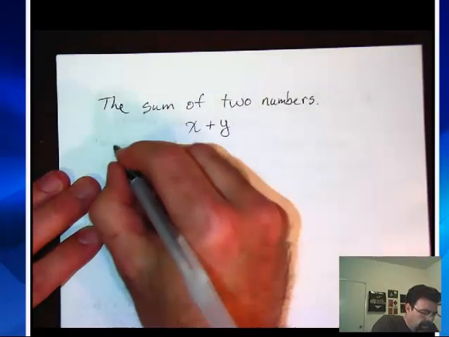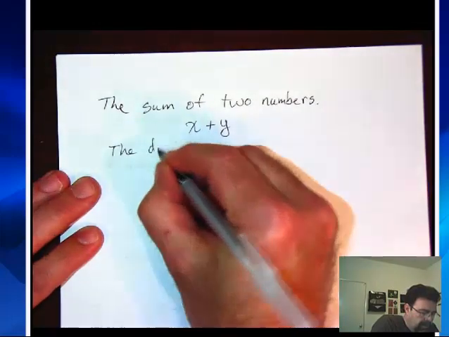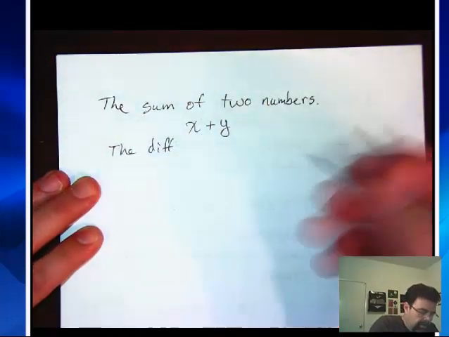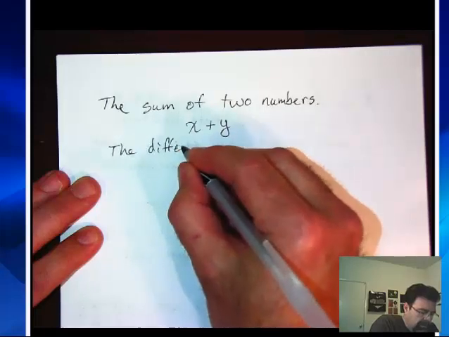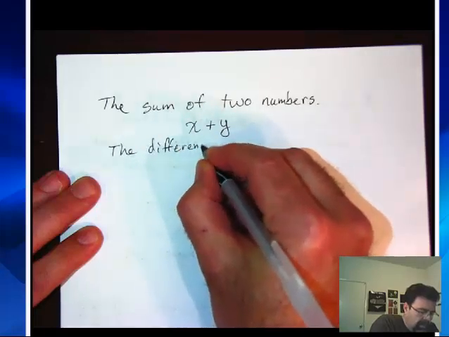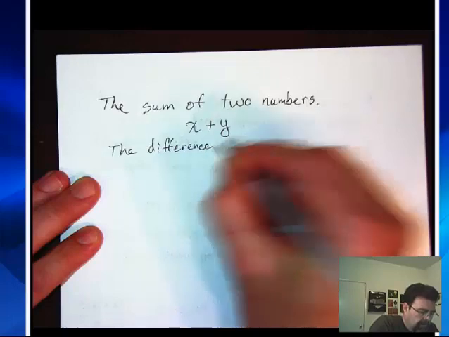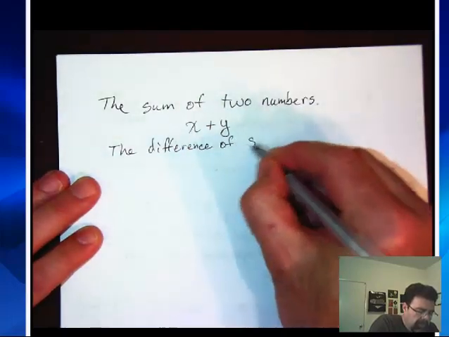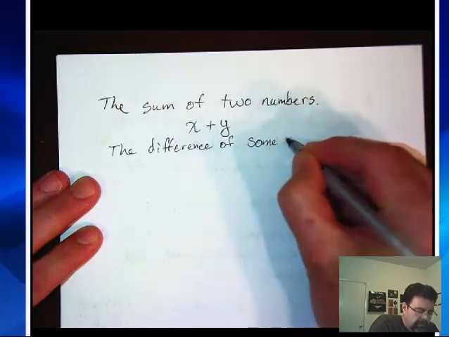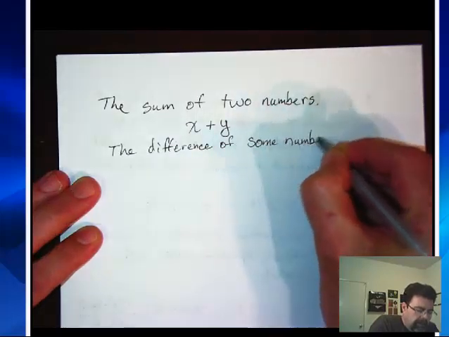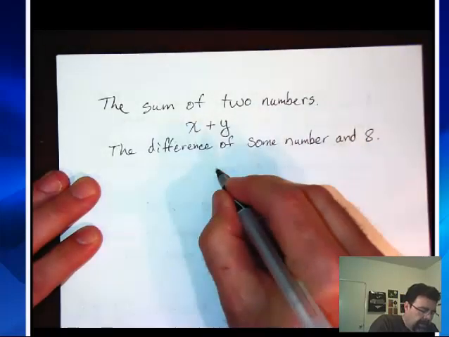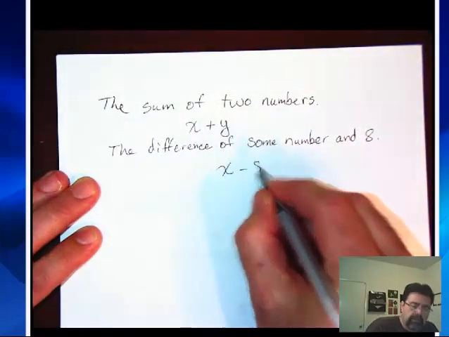I could also say the difference of, instead of saying two numbers, I can tell you what those two numbers are, or tell you one of them and say some other number. So the difference of some number and 8, I would write as x minus 8.